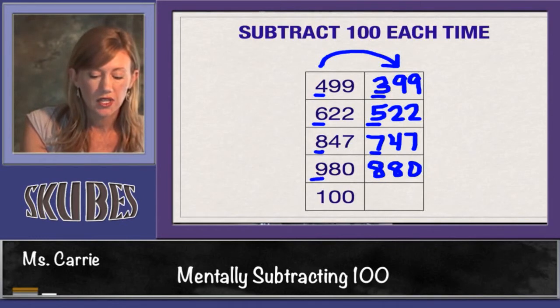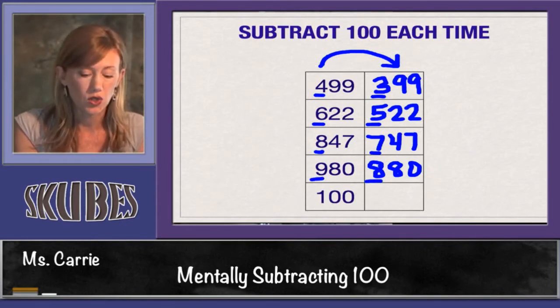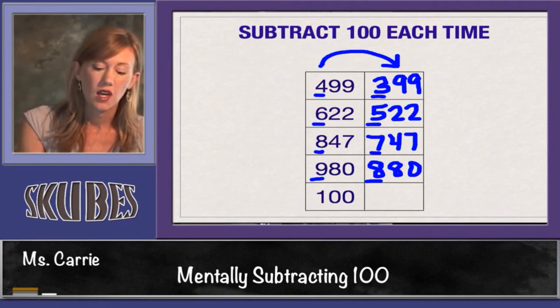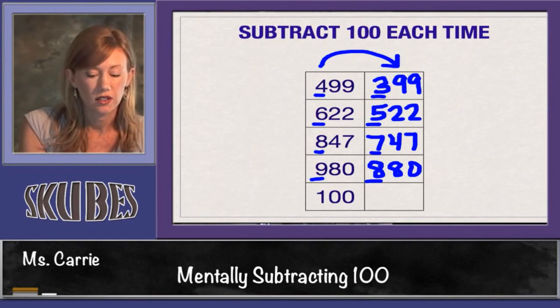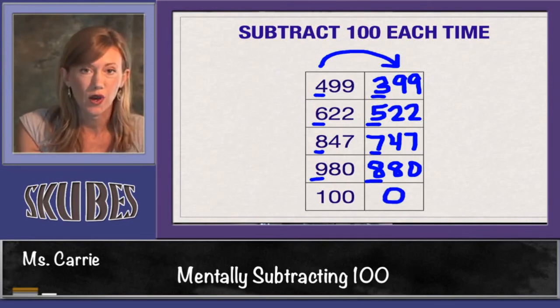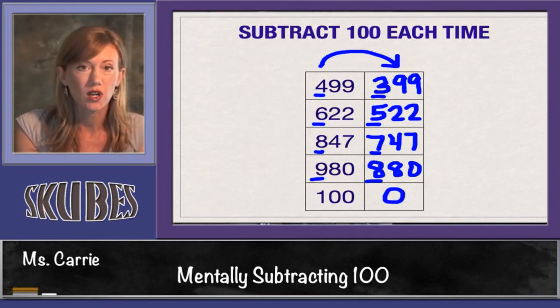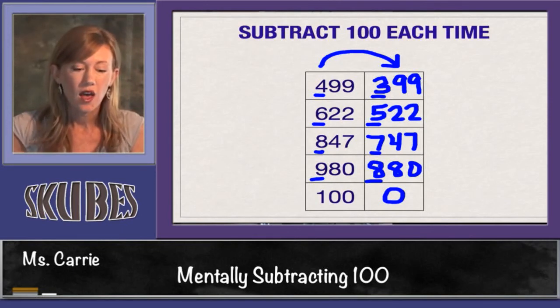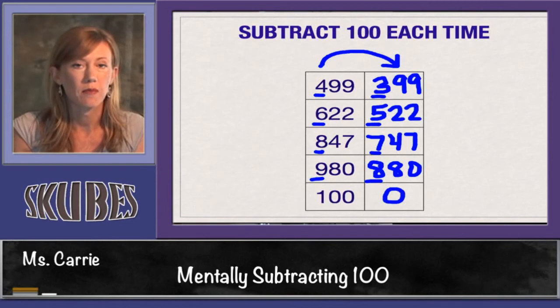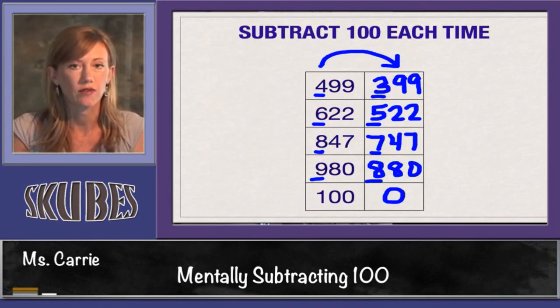The 9 becomes an 8 because we lost 100, the 8 stays the same, and the 0 stays the same. In the number 100, if we take away 100, we have 0, because we know that a number, when you take it away from itself, it always equals 0. That concludes our lesson today on mentally subtracting 100 from a number.